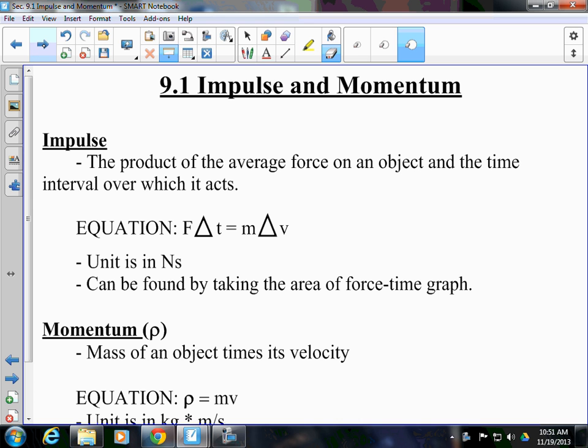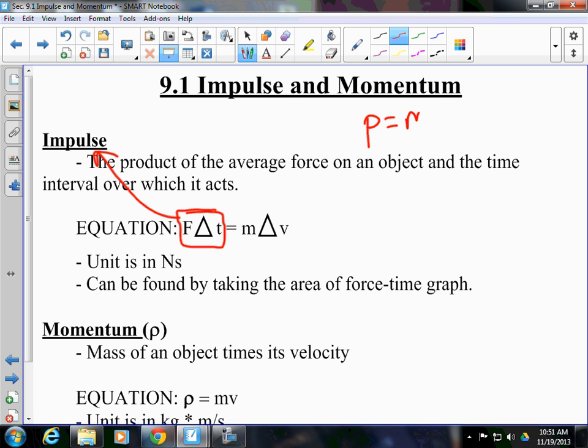Now, what is impulse? Impulse is essentially the average force on an object and the time interval at which it acts. So if you had to put in an equation, impulse is force times change in time. Right? Impulse is also equal to the change in momentum. Now, the change in momentum is used as a delta P, where P is momentum.